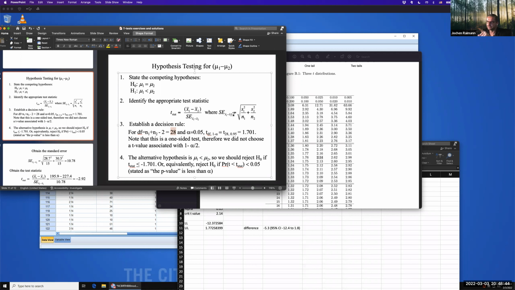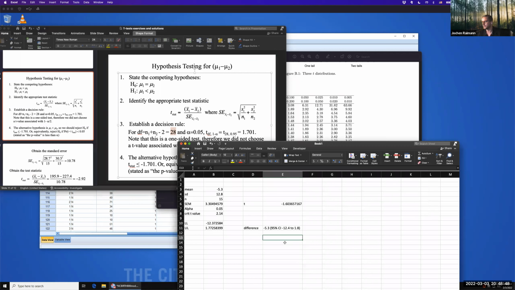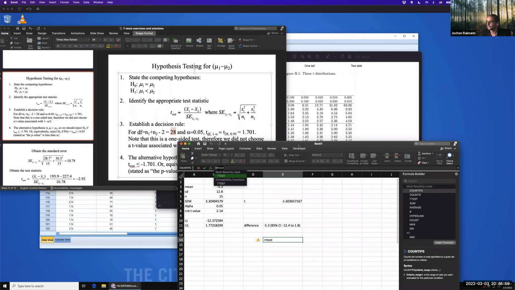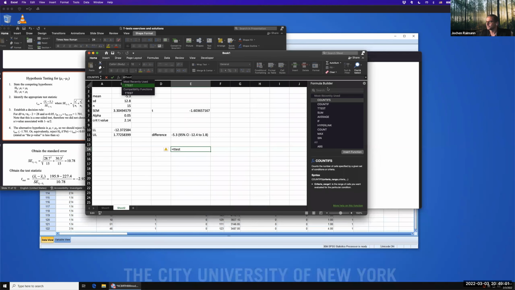So there are different approaches. In Excel, for example, you do t-test. If you go here in the formula builder, it will ask you for the t-test.